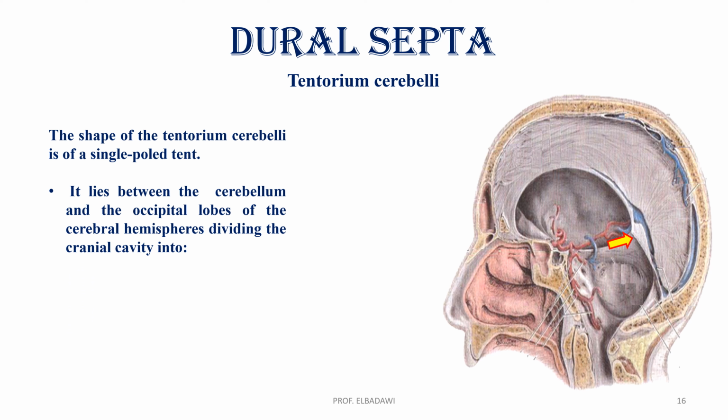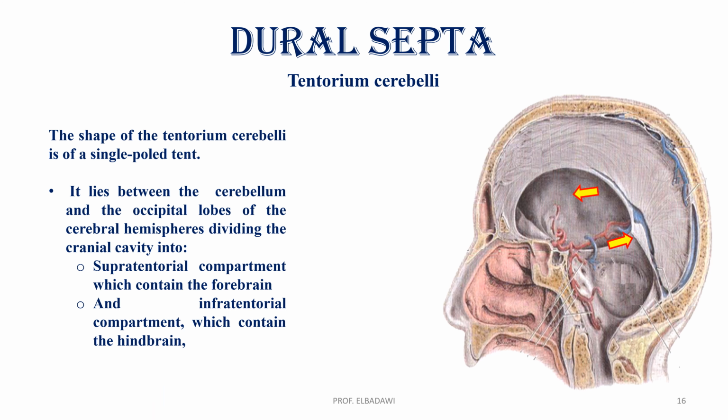It lies between the cerebellum and the occipital lobes of the cerebral hemispheres, dividing the cranial cavity here into two regions. The supratentorial compartment, which contains the forebrain, and the infratentorial part, which contains the hindbrain, the cerebellum and the brainstem.